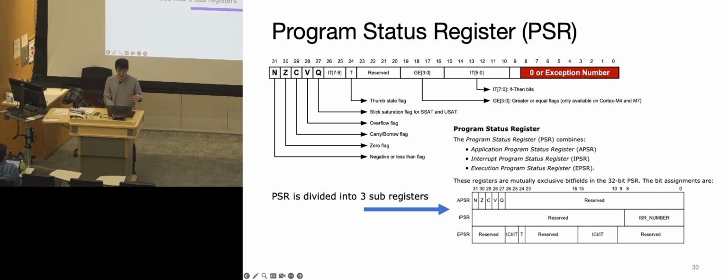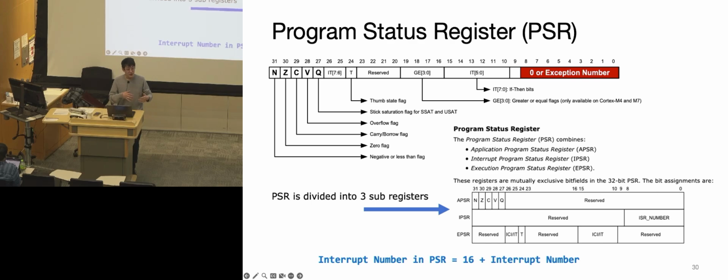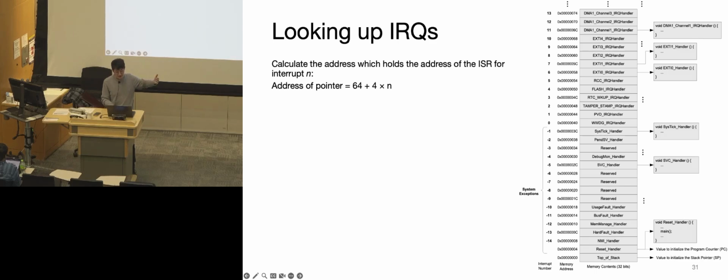So once you have the interrupt number, in theory we need to add 16 to it so that they're all nicely positive values instead of some of them being negative. So this is what you would have to do in theory. But again, we work with a 32-bit system, so in the end what you actually do is multiply everything by 4.